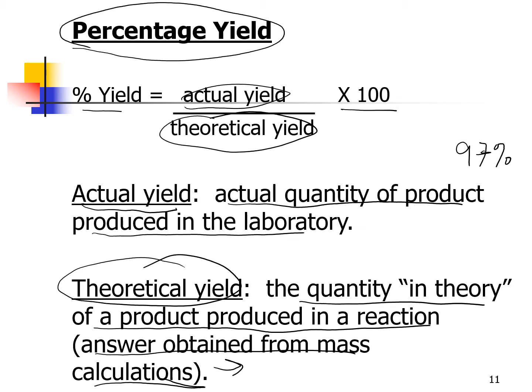We knew we could make 97% yields because in the process you lost some of your reactants along the way. Maybe they stuck to the container you were mixing them in. So if a customer requested a certain amount of a product, we always knew we needed to make a little bit more because in our process we were going to lose a little bit. So percent yield is used in the real world.